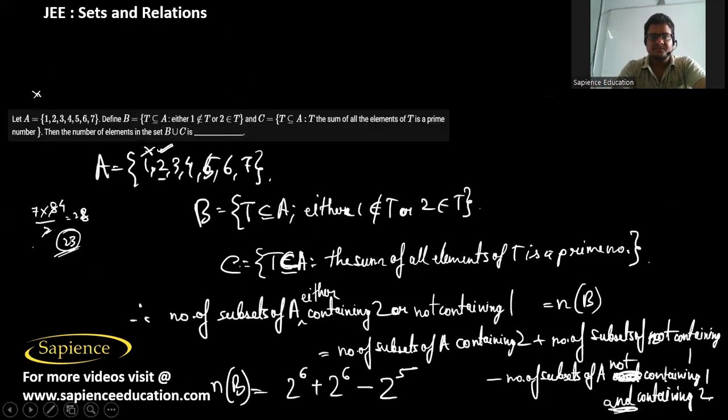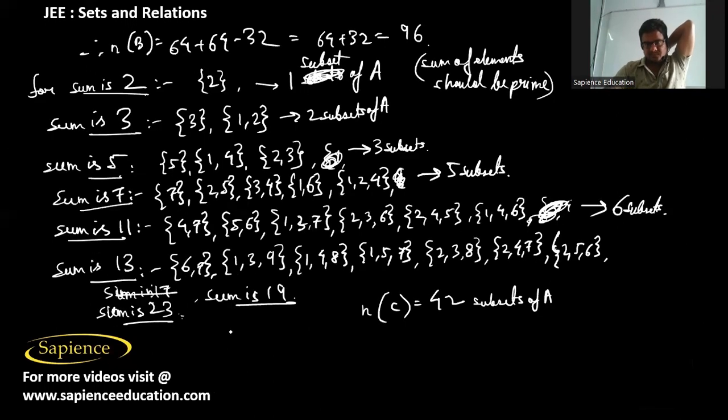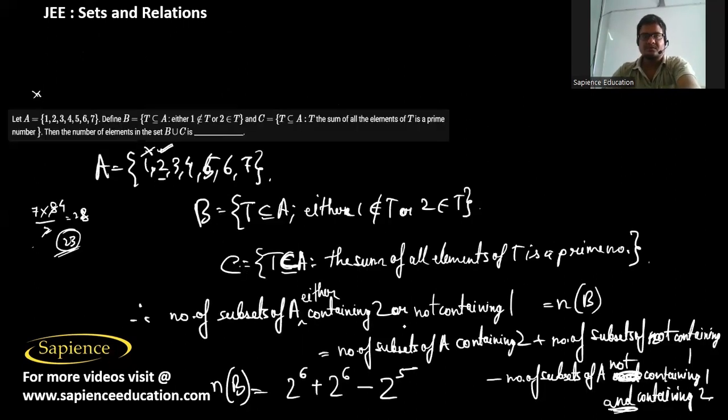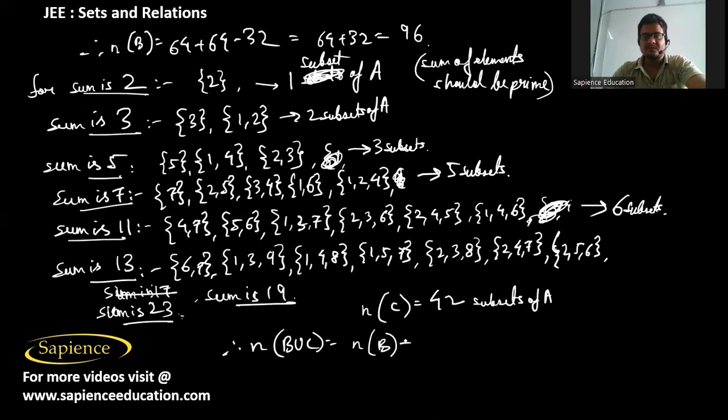And then we have to find the number of elements in the set B union C. Therefore, the number of elements in B union C is equal to the number of elements in set B plus the number of elements in set C minus the number of elements in B intersection C. B intersection C means those elements in C which have 2 as one of its elements and do not have 1 as one of its elements.